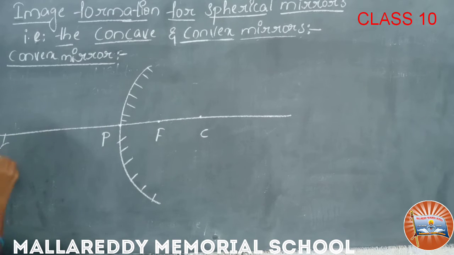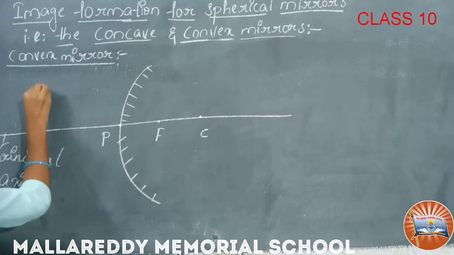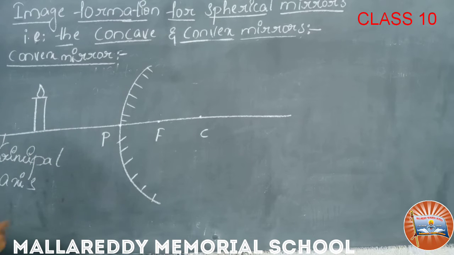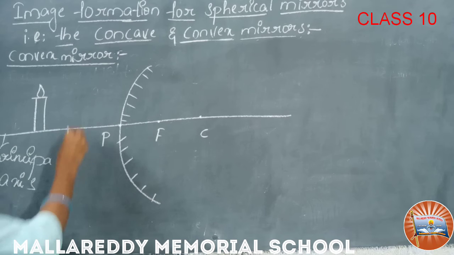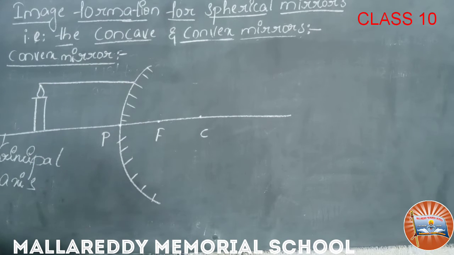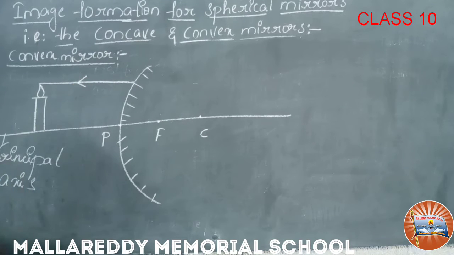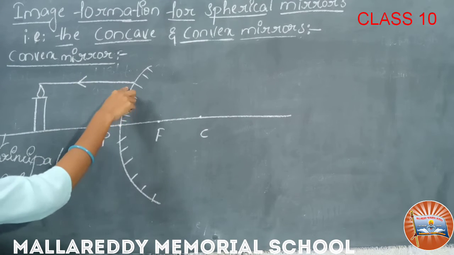This is the principal axis, and the object is here in front of the mirror. The light is incident on the mirror.